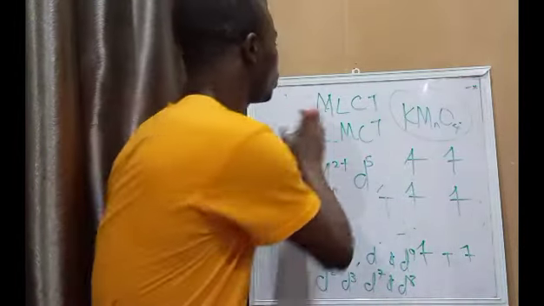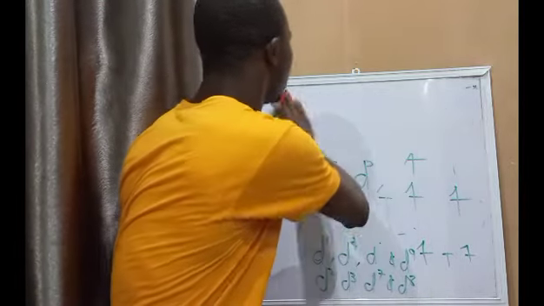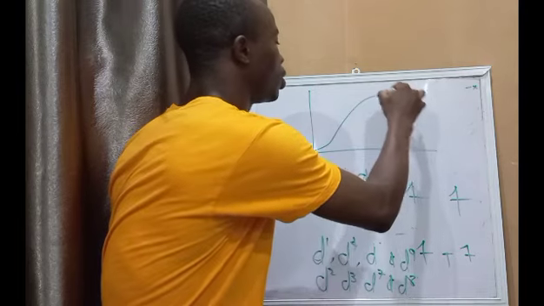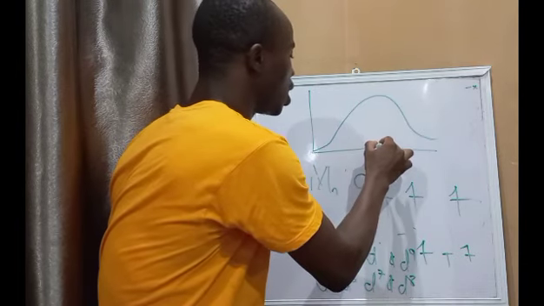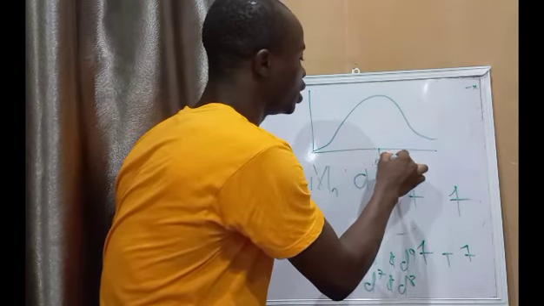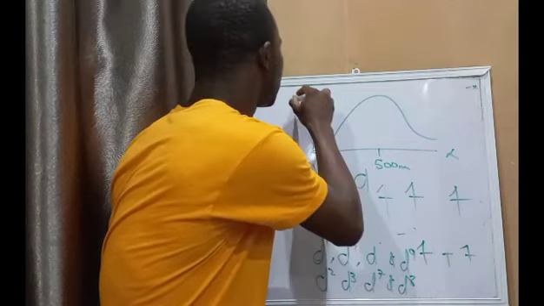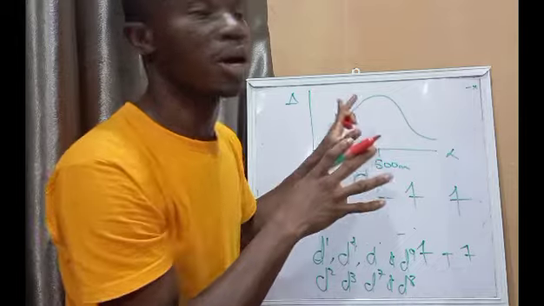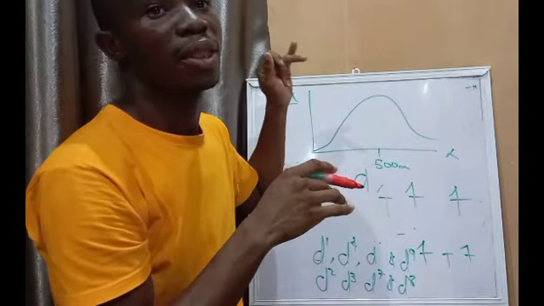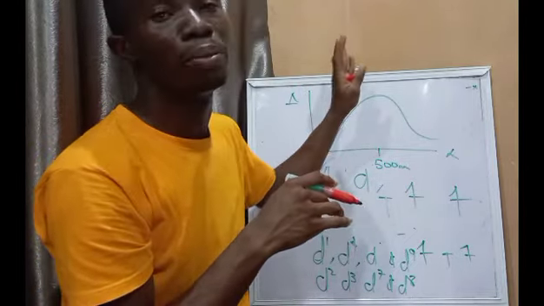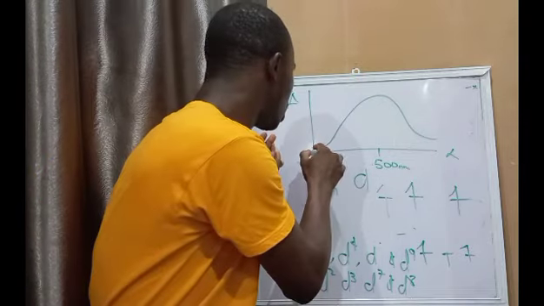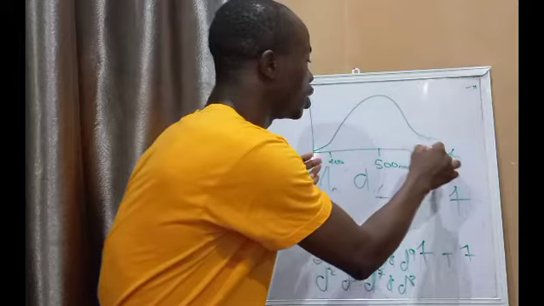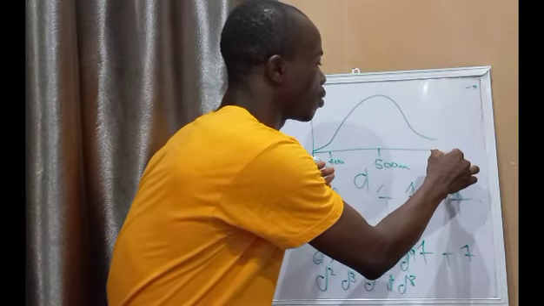So for example, let's say they gave us the UV visible spectrum of a complex to be like this, and let's say this point is 500 nanometer, and the axis is absorbance against wavelength. Let's say this is 200, this is 400, this is 500, and this is 700 nanometer.